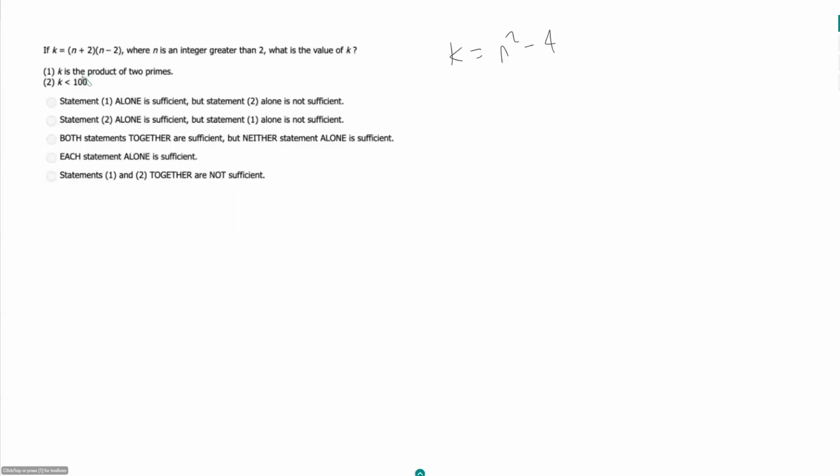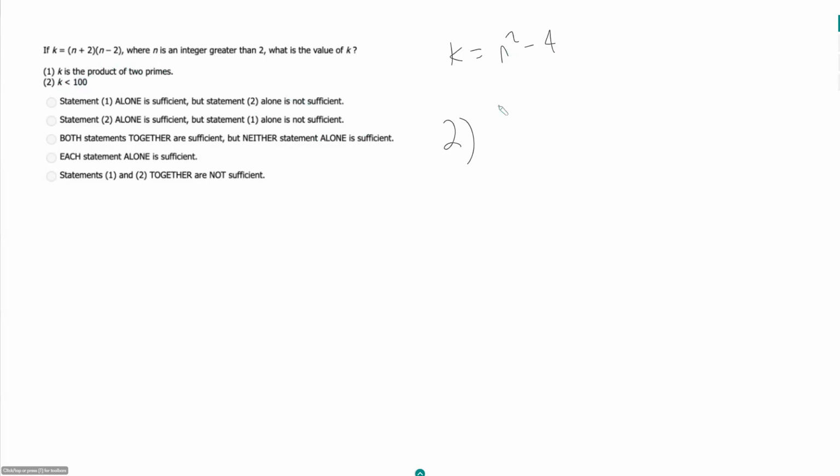So let's look at the statements. We'll start with the second statement, because it looks a bit easier. It should be an easy insufficient. All we know is k is less than 100. Well, there are still plenty of values here.